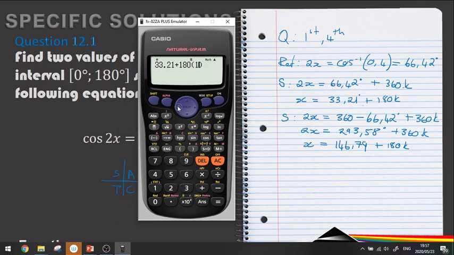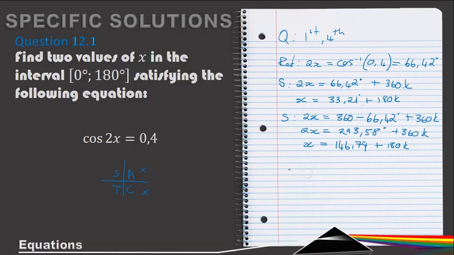And if I try minus 1, it also falls outside of this restriction. So the only one was when k was 0. So x is equal to, the first solution would be 33,21.